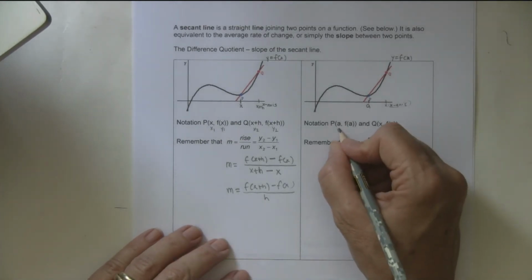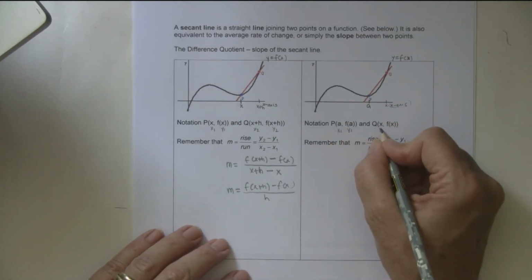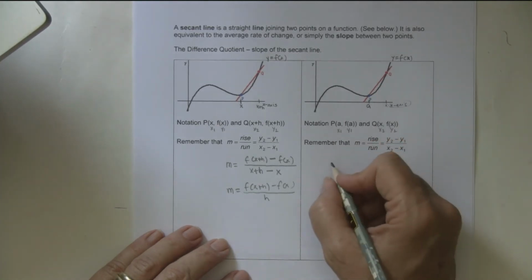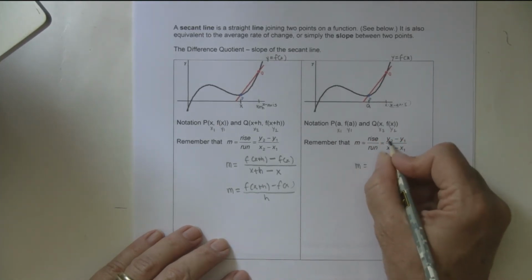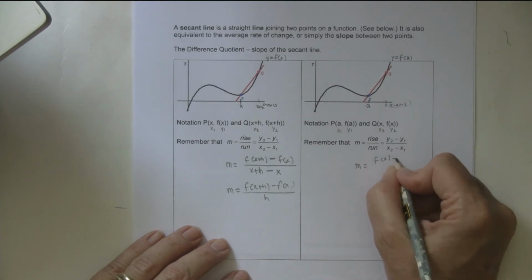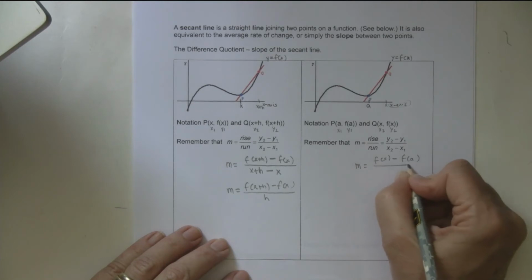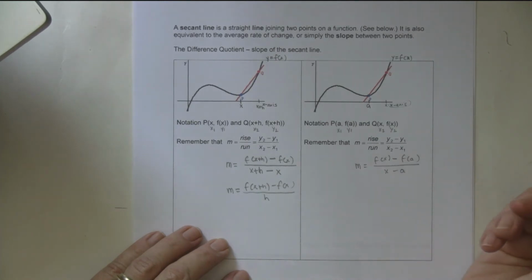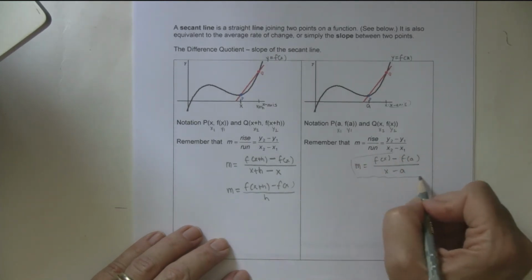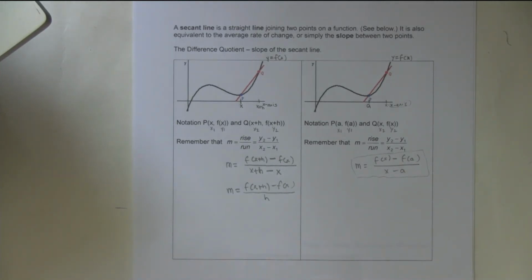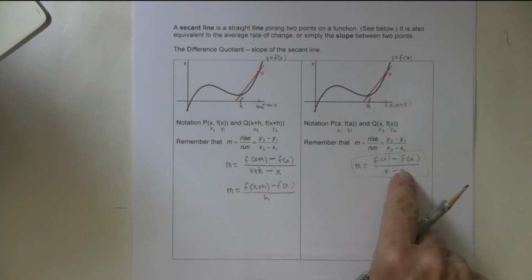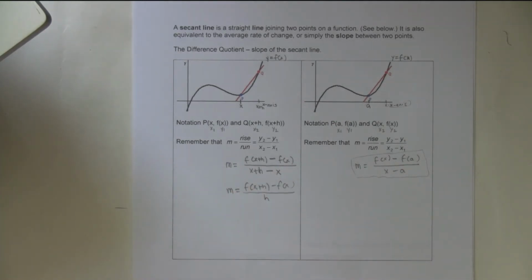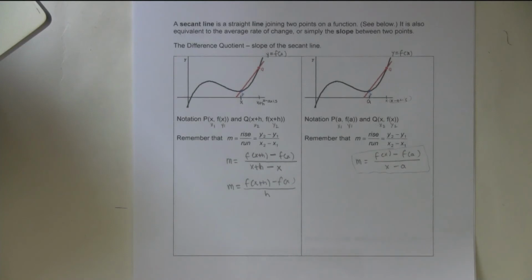So then I would have my x1, y1, x2, y2, and our slope is y2, which is f at x, minus f at a, divided by x minus a, right? And that's another difference quotient, another way of looking at the difference quotient. And it's just notation different. And there's times when this is a little easier on our math, and there's times when that's a little easier on our math. So they actually in the problems ask you to look at both of them. And so that's the first story there.